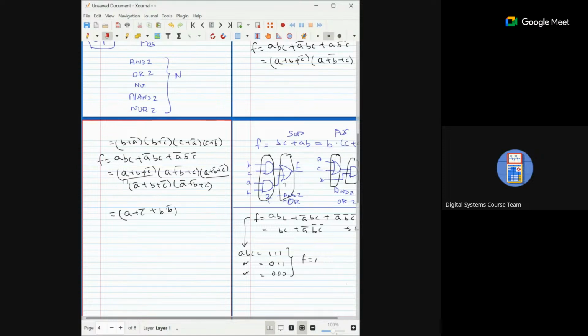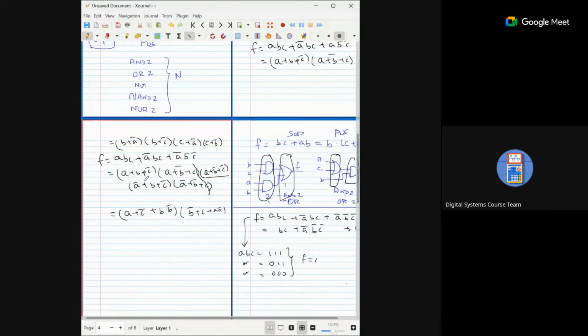Yeah, I think B bar and C we can take common from here, right? B bar plus C, taking common from the second term and fifth term. So taking B bar plus C, that plus A bar, so again that will be reduced.